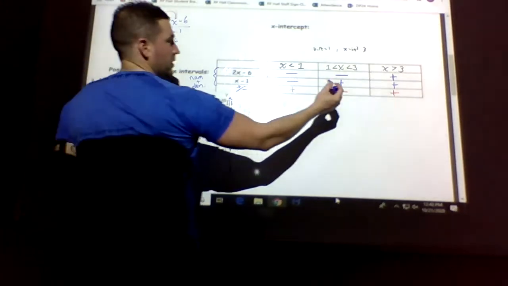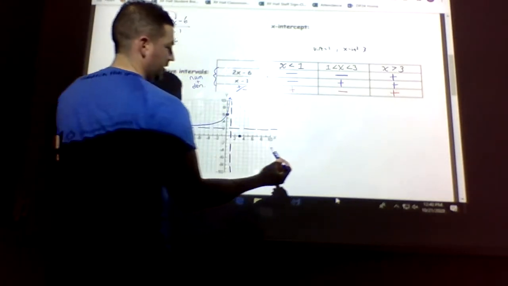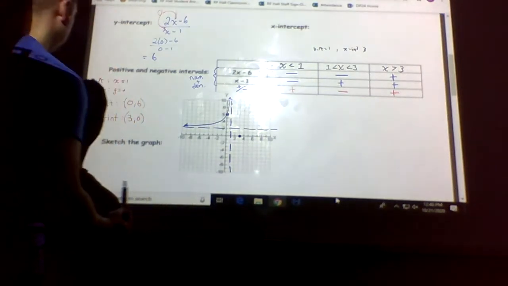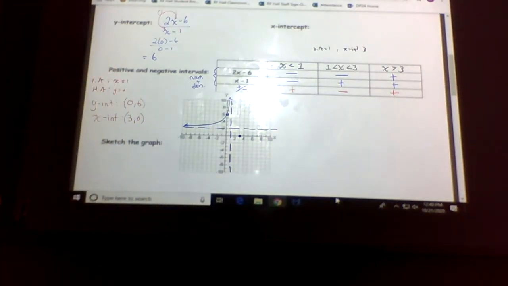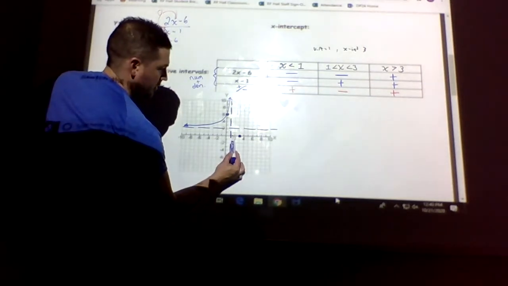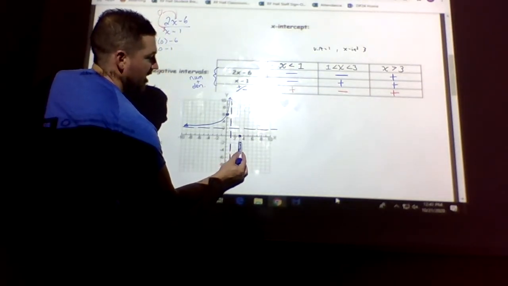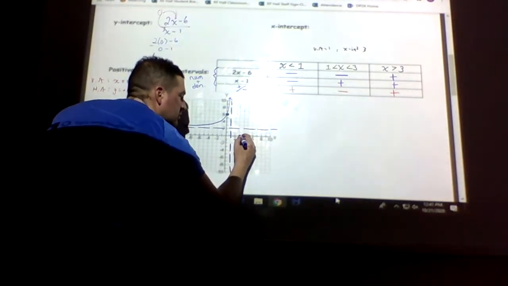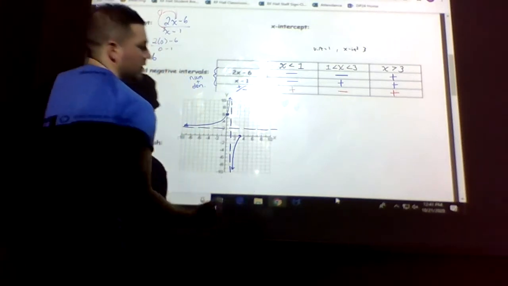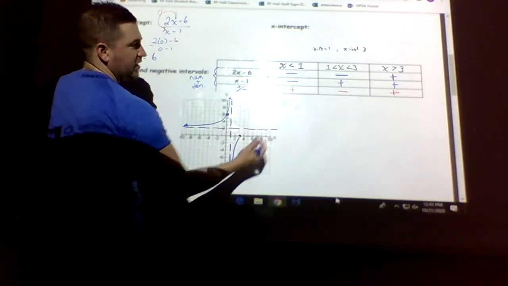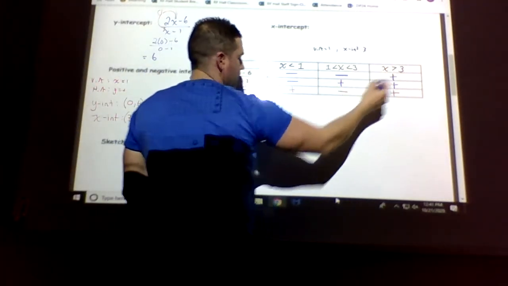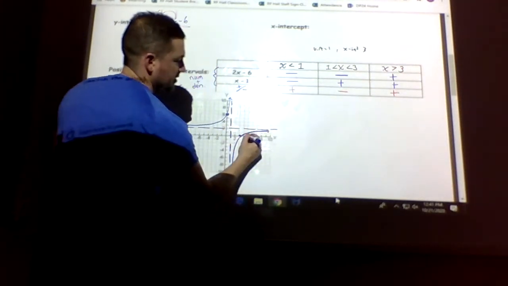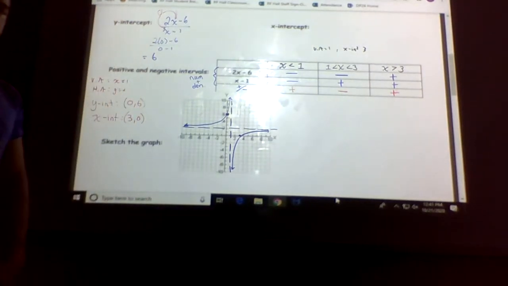And then between 1 and 3, it's going to be in the negative quadrant. So it's going to be negative. Okay, so between 1 and 3, it's negative, and then after 3, so greater than 3, it's above the x-axis. So it's here, because it's above the x-axis. And that's your graph.